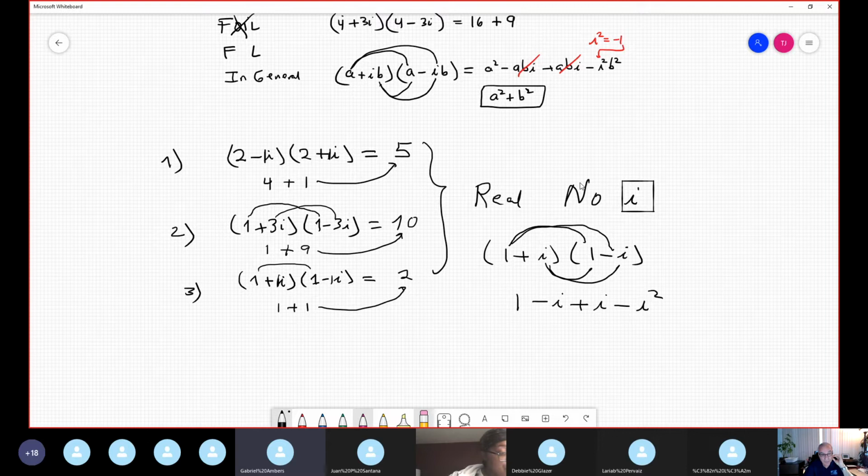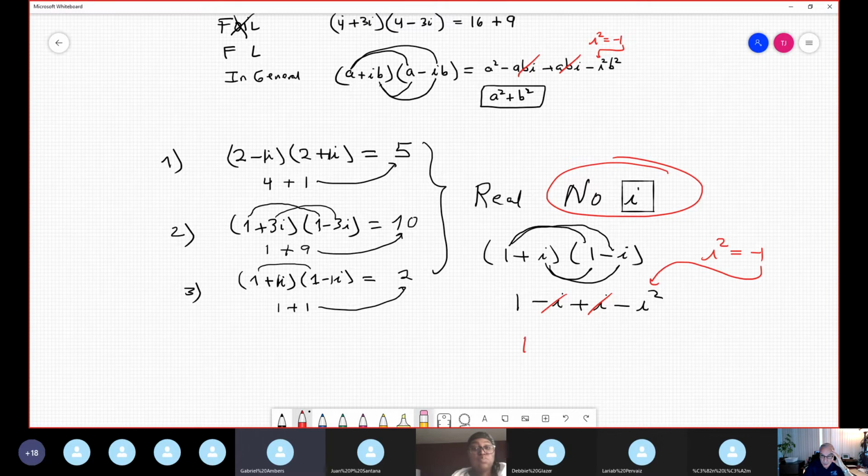One more time, I verify that the i part is cancelled out. It does not exist. No i. And I also know that i squared is negative 1. When you replace negative 1 here, the double minus becomes positive. 1 plus 1 is 2. A real number, real. Okay. Keep that in mind.